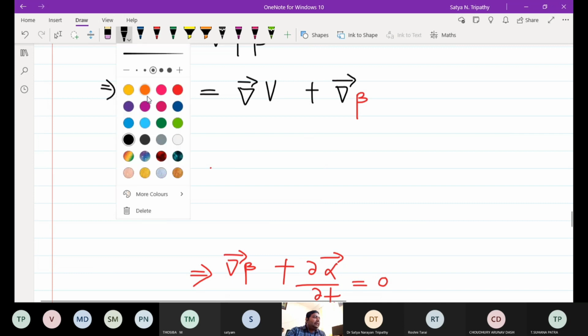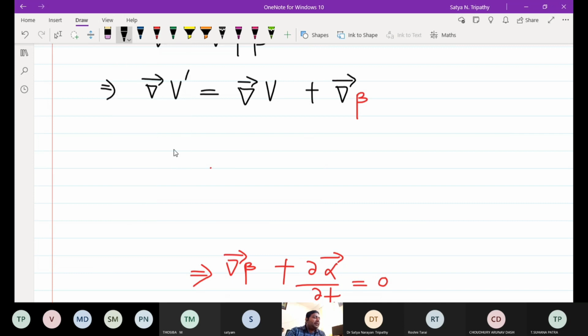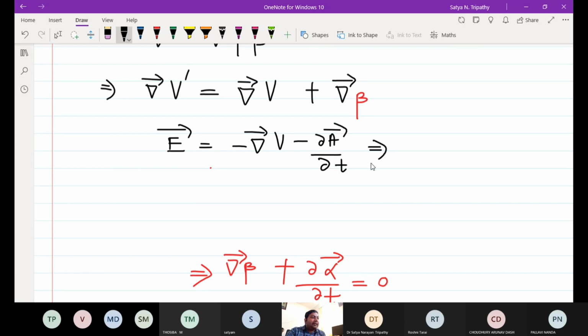What is the expression for E we got? E is the negative gradient of a scalar function minus dA by dt. That means I can write the negative of the electric field; these negatives are not important right now. So I just write gradient of B plus dA by dt. Is this line clear?